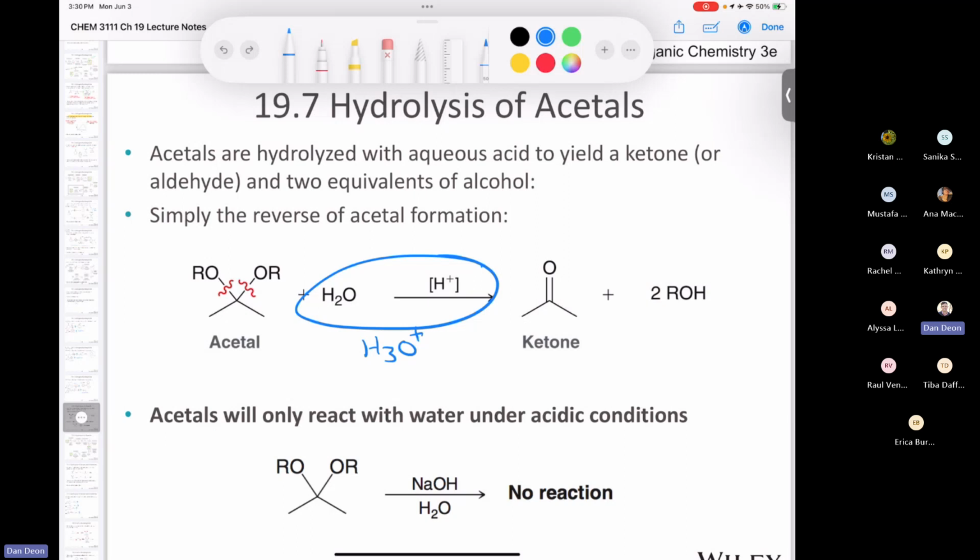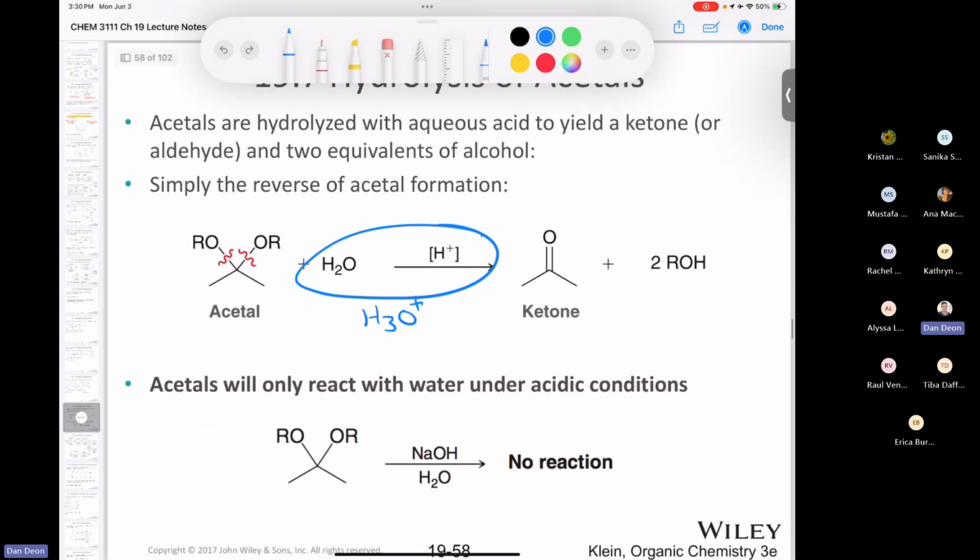Again, but one thing that's important to note is that acetals are very stable under basic conditions, okay? If you're in base, so you can see sodium hydroxide is an extremely strong base, they don't react with a strong base whatsoever. So that's why they do make good protecting groups, because they're so tough.